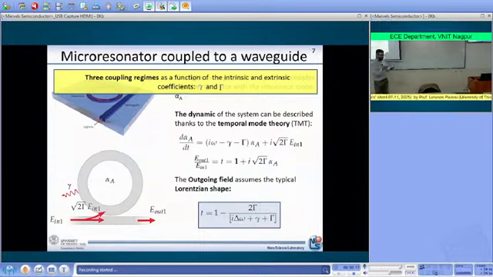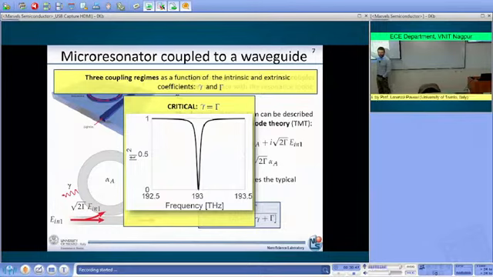So in this case we are equating the power that we couple into the microring resonator with the power that the microring resonator is losing. This coupling regime is called the critical one. And it is critical because at the resonance condition, at the frequency that satisfies the resonance condition, the transmission goes to zero.